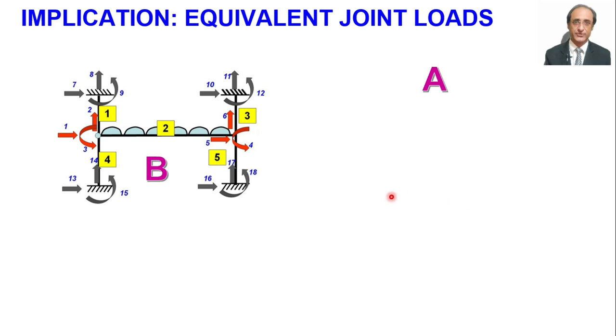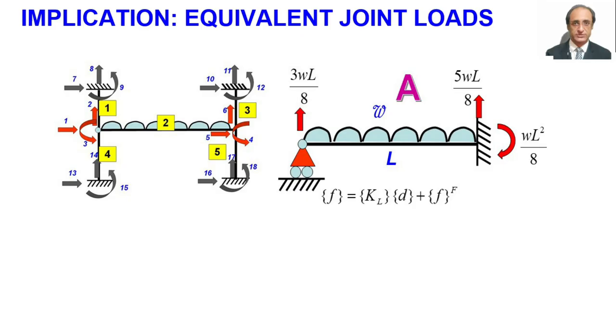Another issue is the equivalent joint loads. Now we have considered a hinge here, so what will be our structure A? In that case, the equivalent joint loads must be computed using the condition that there is a hinge, and then when we do the correction for the fixed end forces in the end, we don't need to consider any correction for the displacements.